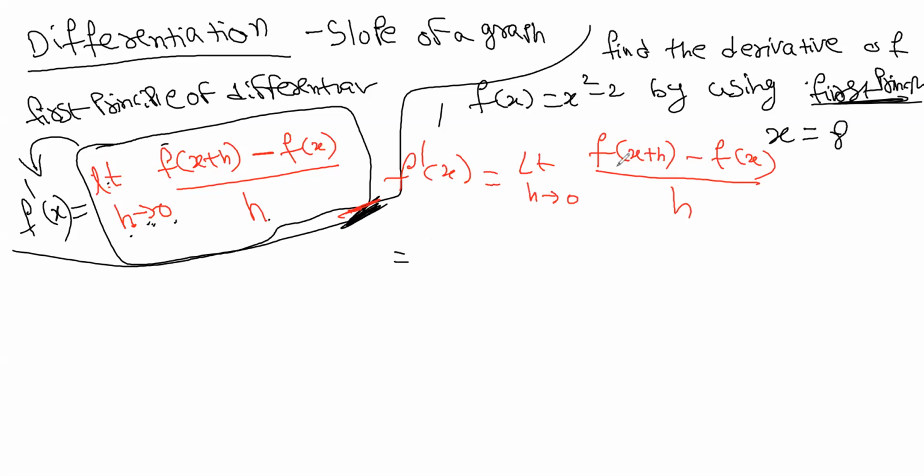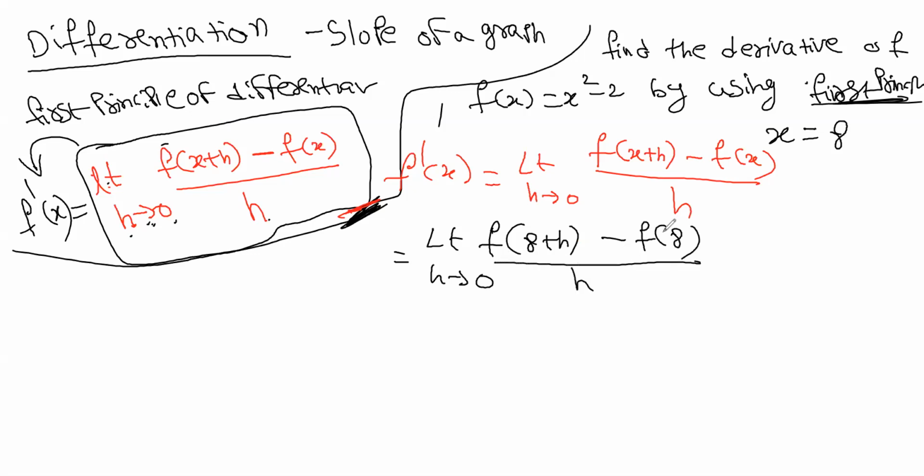Now just substitute. Limit h tends to 0. We have to find the value at x equal to 8, right? That is f of 8 plus h minus f of 8, divided by h. Now it is just calculation.